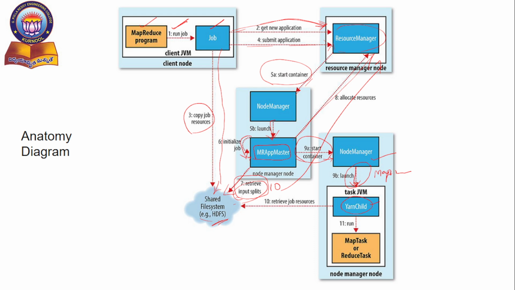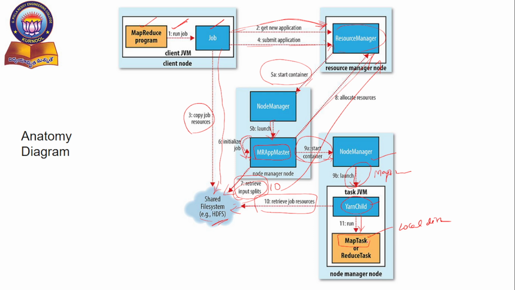Once it has been launched, it will retrieve the job resources again from HDFS and then perform the exact task. In this phase, we first go with the map task, where it generates the intermediate key, value pairs and stores them in the local disk.